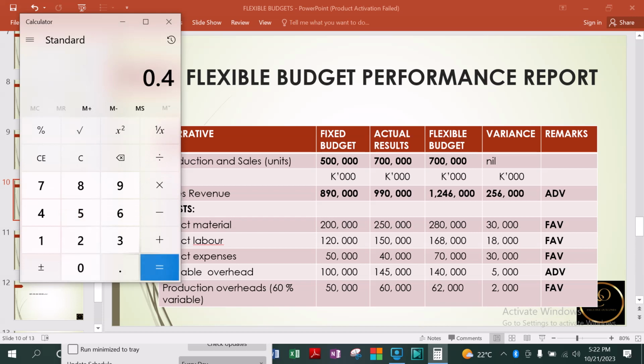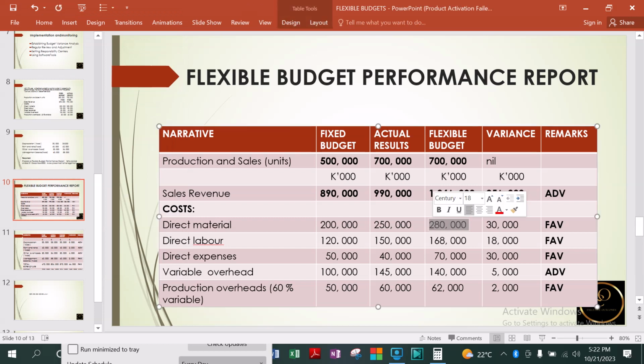Basically you are getting the cost per unit of raw direct materials. It is 40 ngwee or 0.4 kwacha. You multiply by the number of units at the flex budget, which is 700,000. You are going to get 280,000. So that's how I get this 280,000.